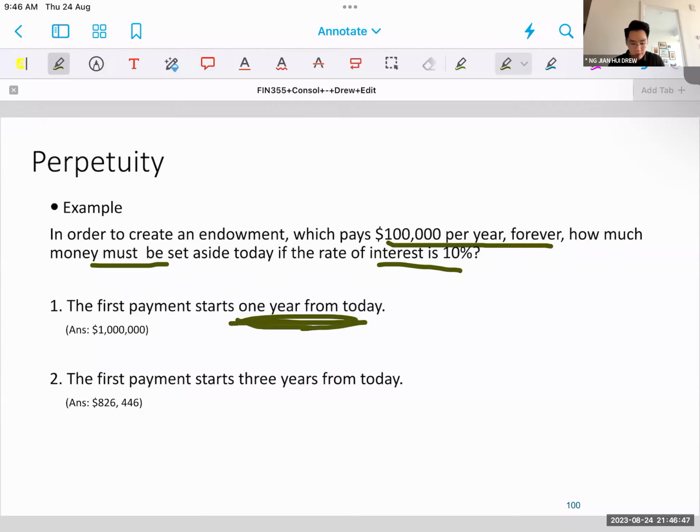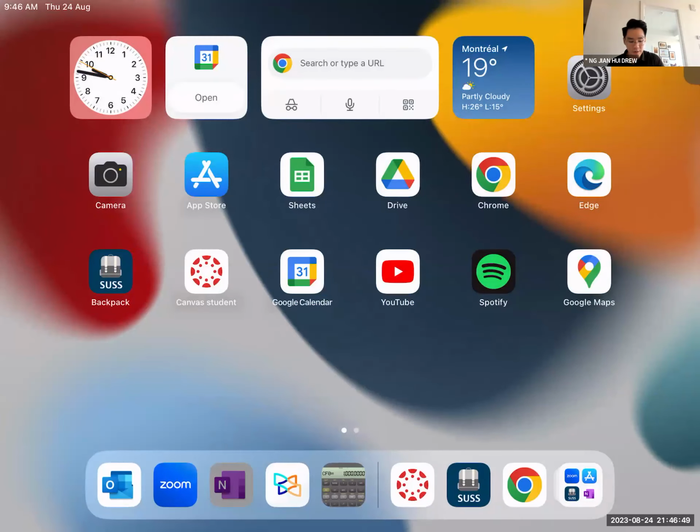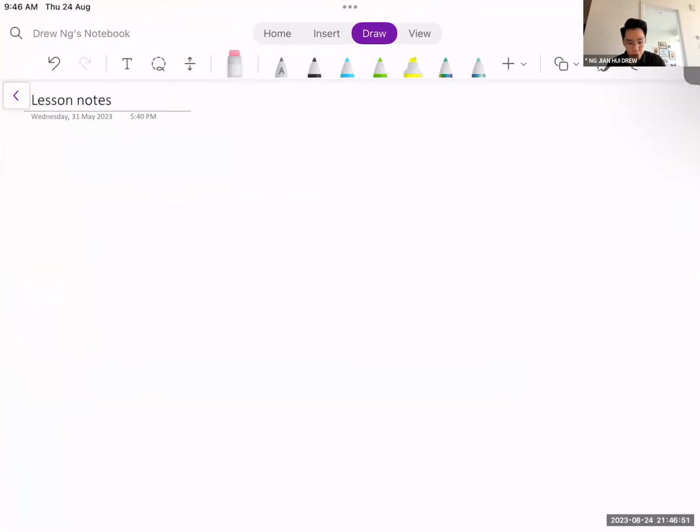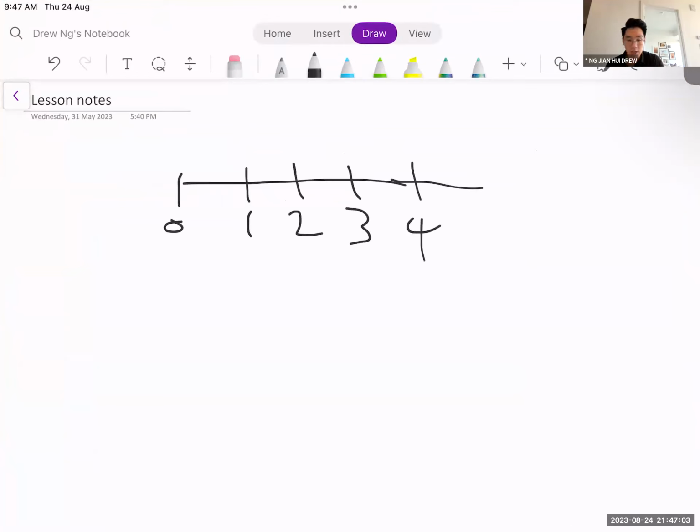Okay, you have your slides in front of you. I'm just going to quickly jump into my notes here and draw a timeline for you all to understand this. 0, 1, 2, 3, maybe 4 as well.